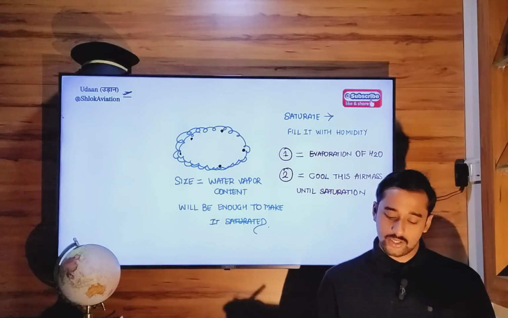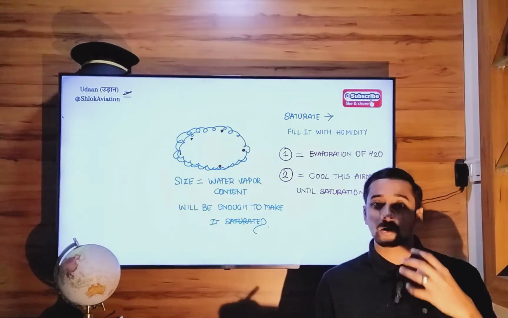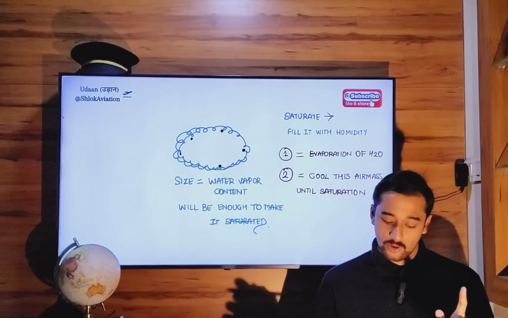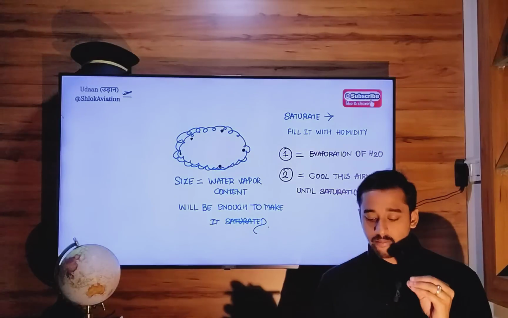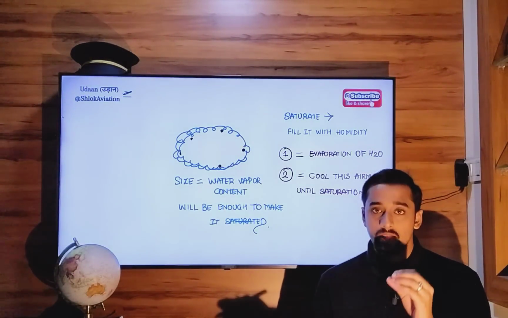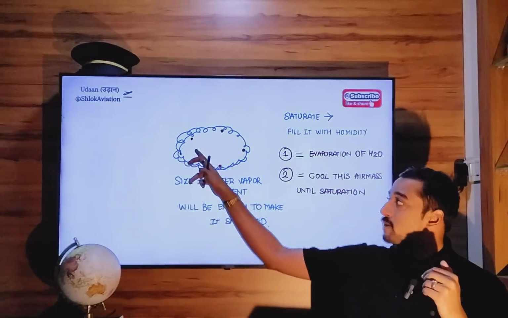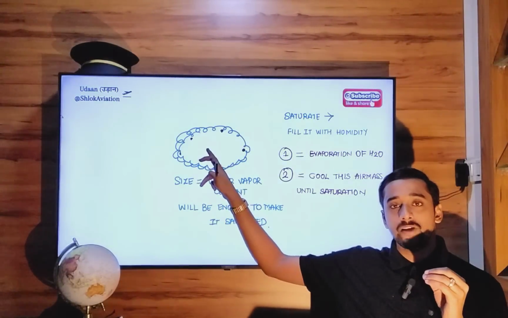Okay, so these are two ways: either fill this air mass with new and new water vapor and pack it. If that is not possible, what you do is you cool this air mass until saturation is achieved, until dew point temperature is reached. The volume of this air mass decreases, and with the available water vapor in it, there will come a point of time when this air mass will become saturated.